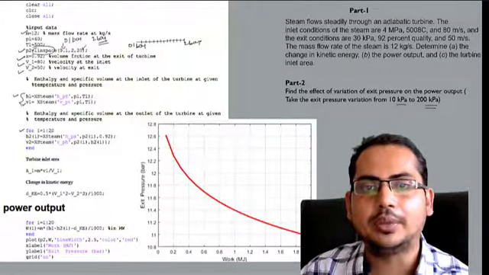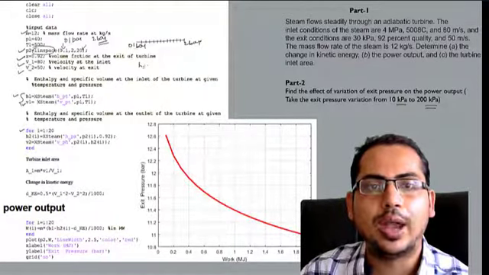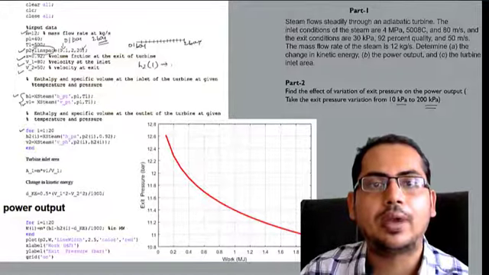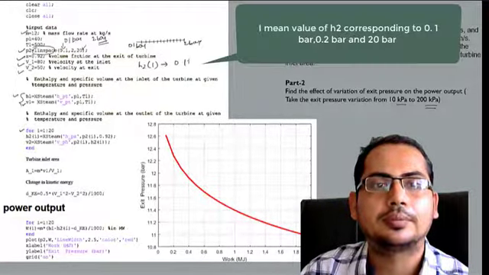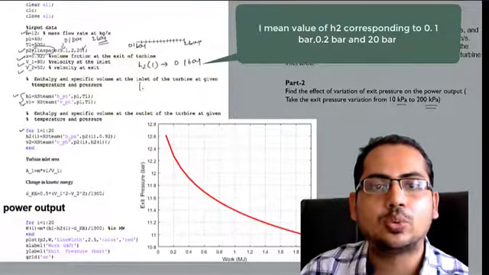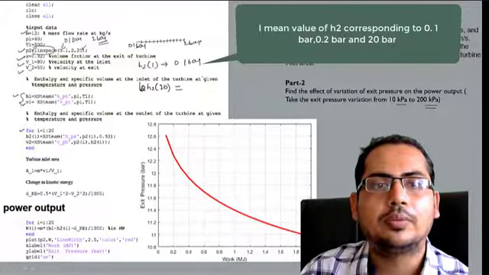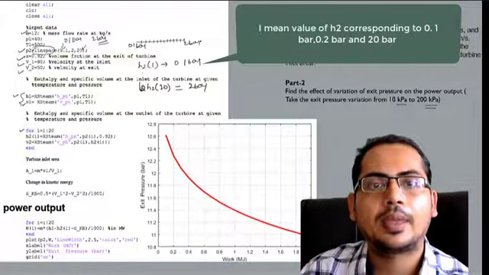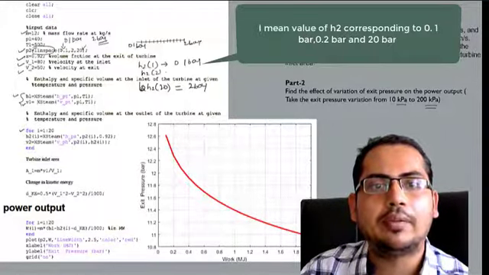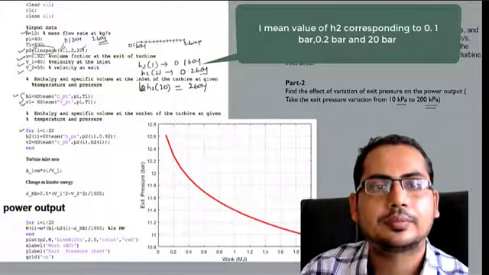H21 means the first value of H2. H21 is the value at 0.1 bar. Similarly, H220 is the value at the last pressure, 2 bar. H22 is the value at 0.2 bar, like that.